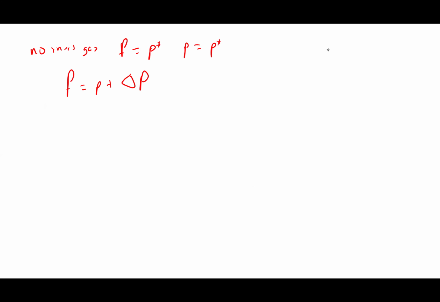So if the effect of pressure on the vapor pressure is small, basically what we're saying is that if we can assume this p stays the same number, no matter how much additional pressure we add in, then a good approximation is to replace this small p by P star.